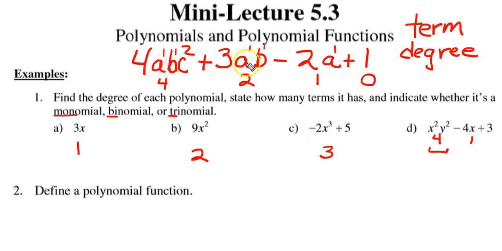So up here in this polynomial, the degree of this would be just 4. Now the degree of this term is 4, and the degree of this polynomial is the highest degree, which is 4. And this is a monomial, binomial, and this is a trinomial.